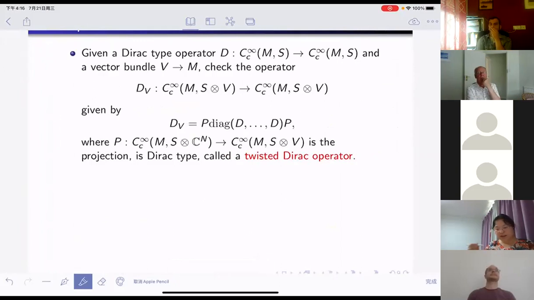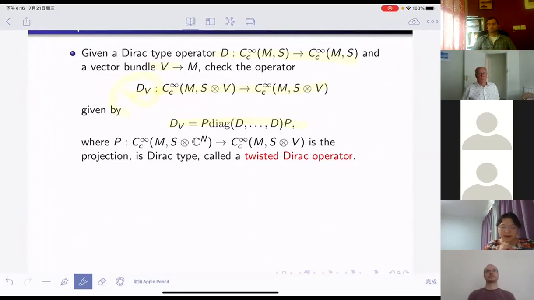So knowing these Dirac type operators, one can also use a Dirac type operator to produce another Dirac type operator by giving another vector bundle V. So given another vector bundle V, one can always define the so-called twisted Dirac operator by compressing this vector bundle to this operator. So the compression works like this.